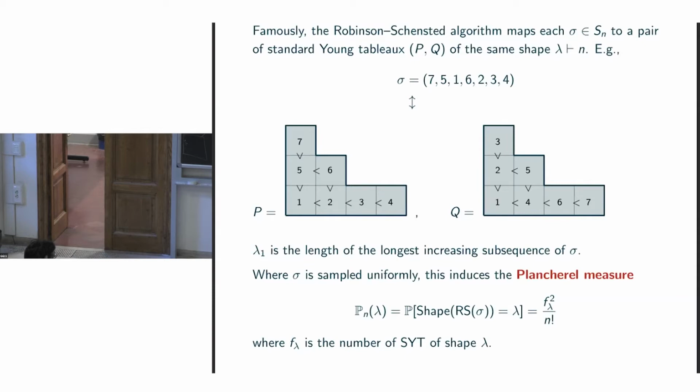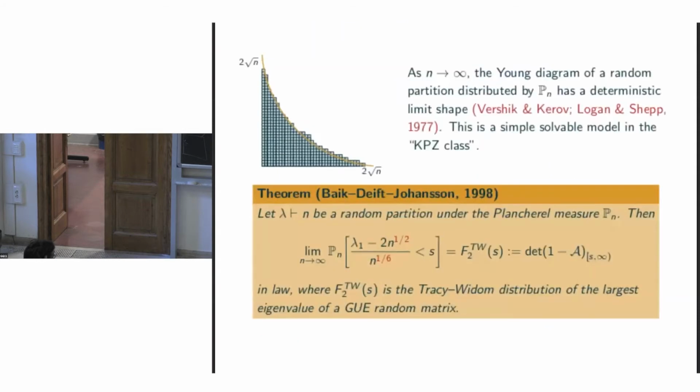called the Plancherel measure. So this is a very classical result, and the main property we have is that when you look at the Young diagram of a Plancherel random partition, you see this deterministic lemon shape, found by Vershik, Kerov, and Logan and Shepp independently. And of course, what's particularly interesting to me is that it's a particularly simple solvable model, kind of in the KPZ class.